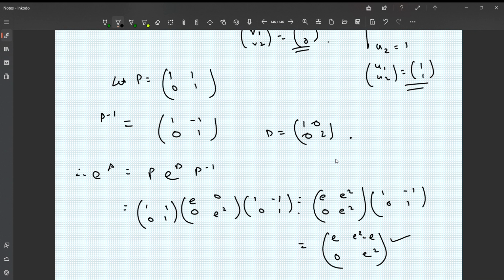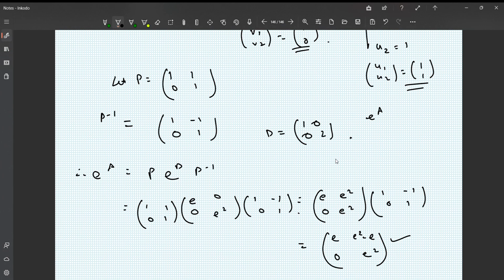Clear? So whenever you are asked to find e to the power A, where the powers of A are difficult to calculate with an inductive form, but you observe that A is diagonalizable, then simply go through this method. Okay. Is it clear?